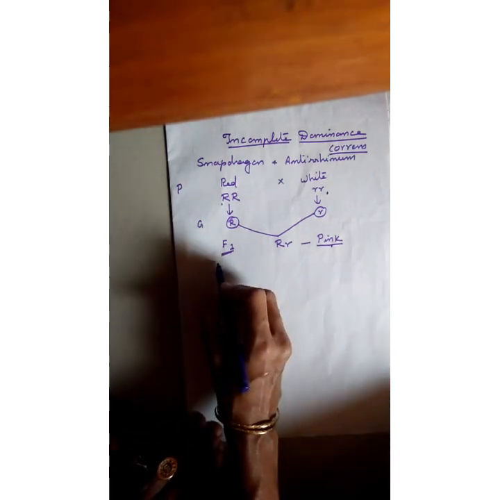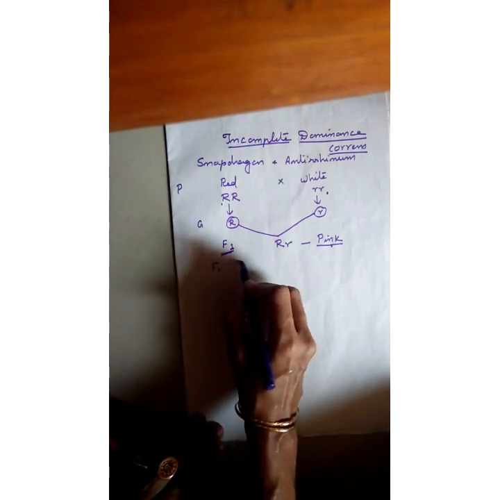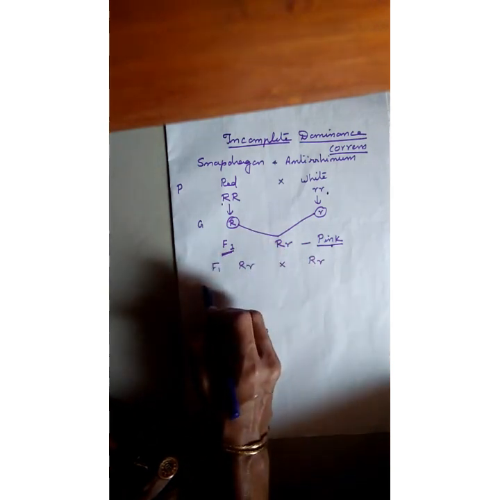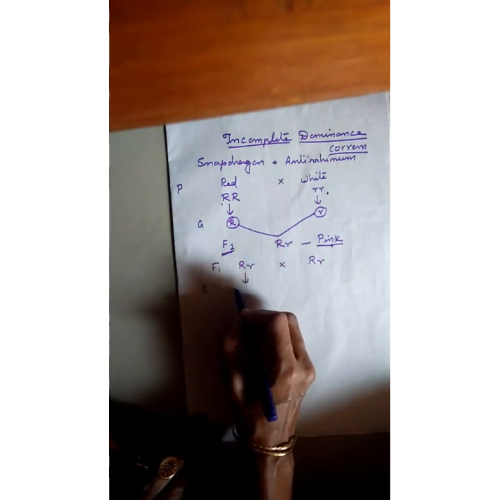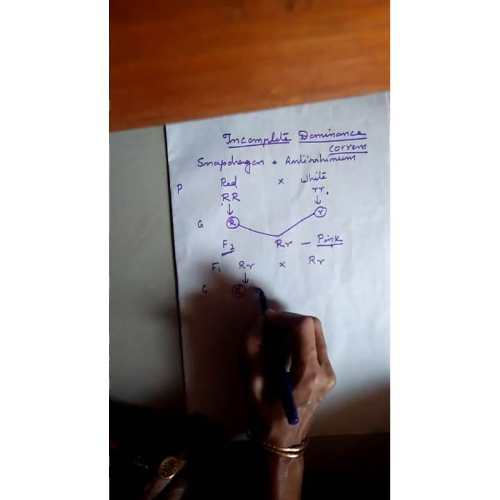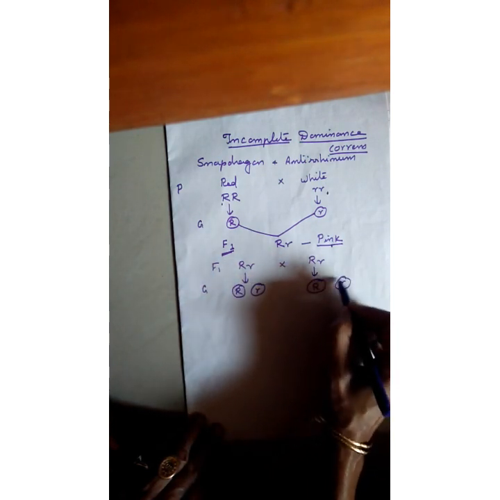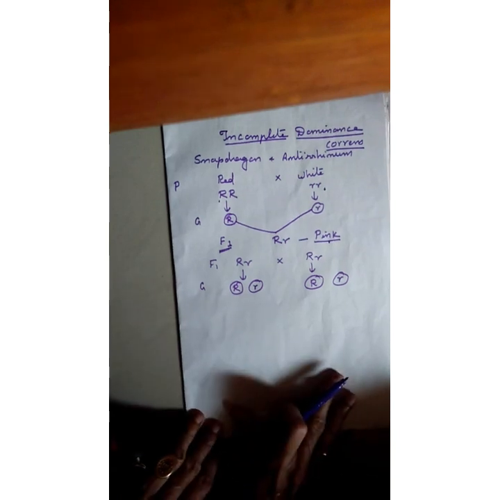Now when they self-crossed the F1 generation plants, gamete formation, heterozygous, so two gametes, capital R, small r, here also capital R, small r.